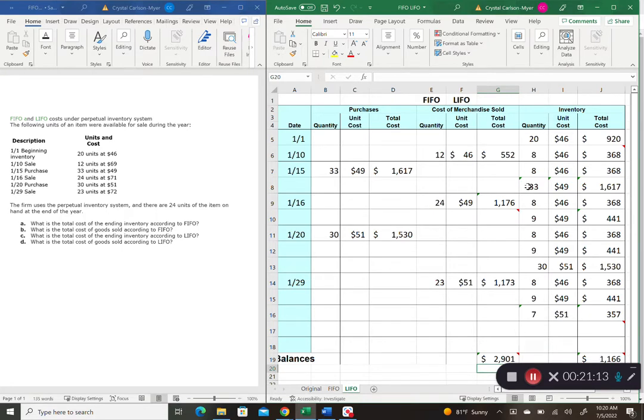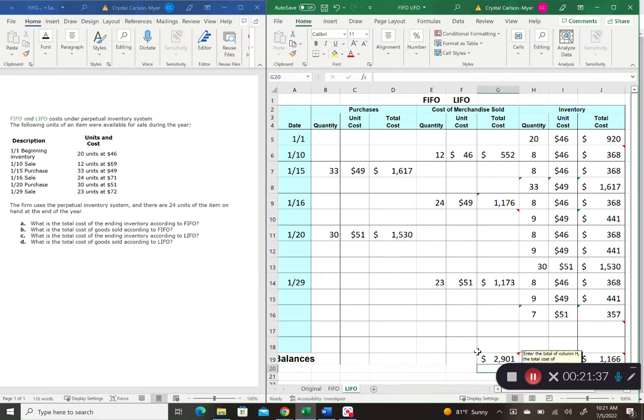It's because your costs are going up in inflation time, like we are having now, where costs are consistently rising. Your cost of goods sold will always be higher using LIFO because we're selling these newer ones that we're bringing in first. And if your costs are going up, obviously this number will be higher than this number. You can see it illustrated in this particular problem.